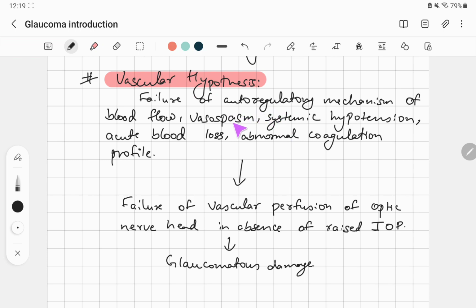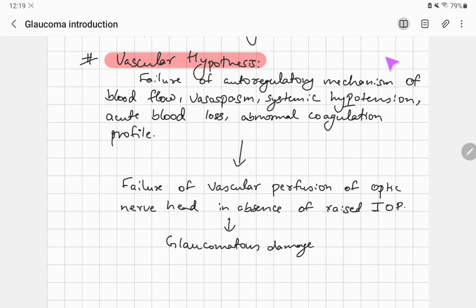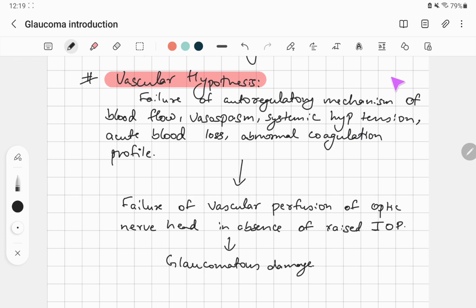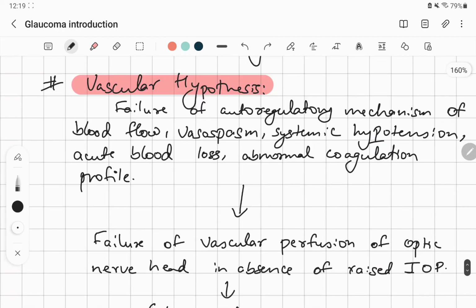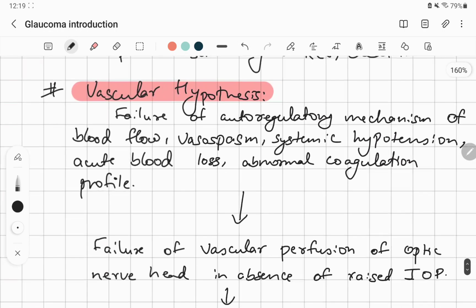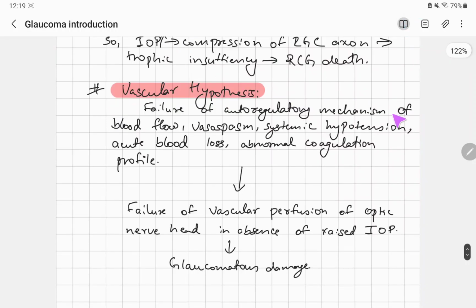If that fails, or in any condition in which vasospasm occurs, or due to systemic hypotension or systemic hypertension, it leads to failure. It comes under the vascular hypothesis. Other causes are acute blood loss and abnormal coagulation profile.